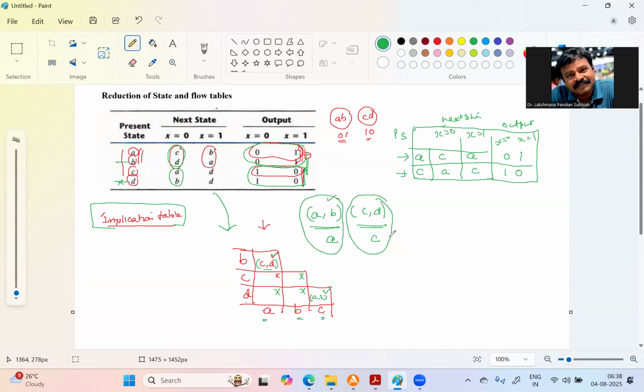AC cannot be made a pair, so this is the minimum reduced state table of this flow table. We'll stop here and continue with another example.